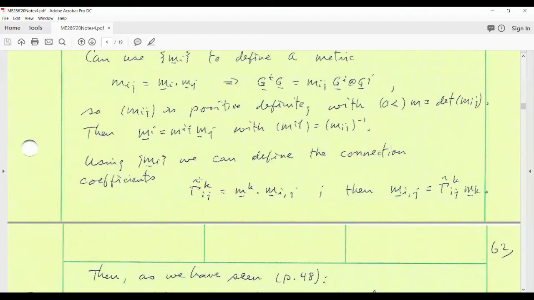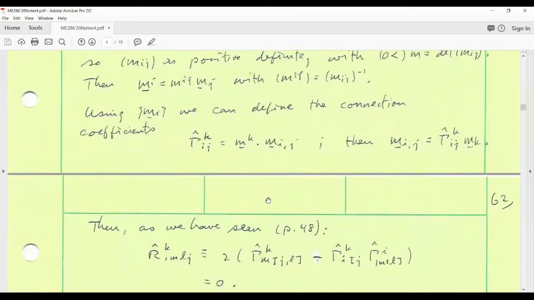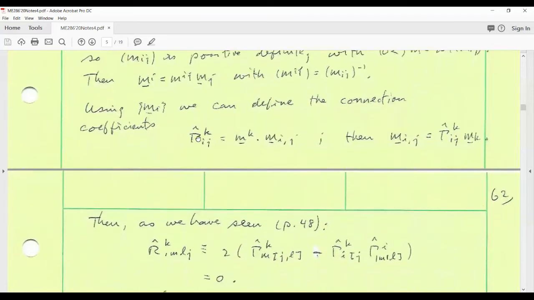We'll call them gamma hat, because I'm running out of notation. The gamma notation is extremely well entrenched in the differential geometry literature. We always use gamma as a notation for the connection. So we'll keep that and just put a hat on top to remind us that it's different from the connection we've been using before, the one with the current and the one with the reference.